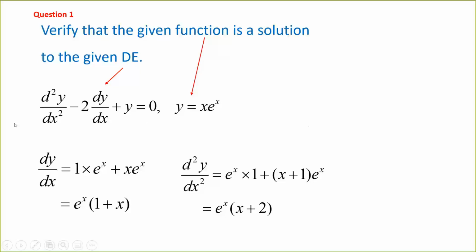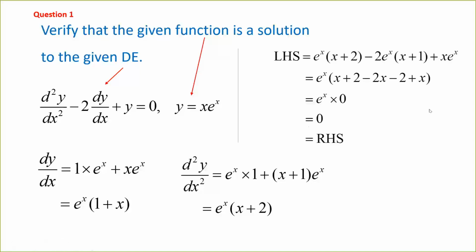So now if we look at our differential equation, we need to replace the second derivative with the given expression, minus twice the first derivative, and plus the function itself. To set it up properly, we would say the left-hand side of this equation equals, and we substitute the first and second derivatives.